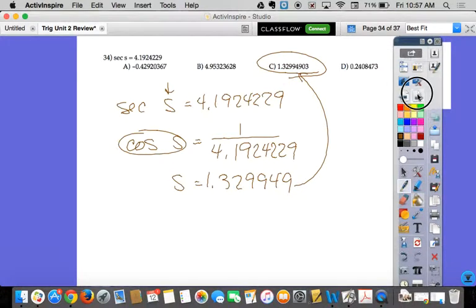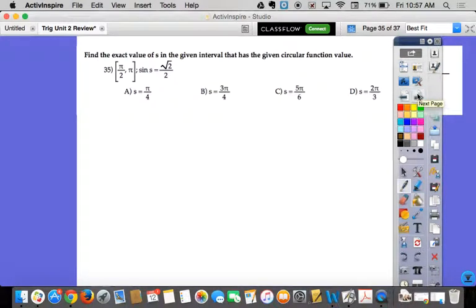Okay, let's keep moving. Okay, they changed the instructions. So this one specifies in between pi over 2 and pi, that would be third quadrant. Okay, have to be in third quadrant. And they're telling you that sine is square root of 2 over 2. Now, I am hoping that y'all have seen this so much that you know that that fraction has been doctored.